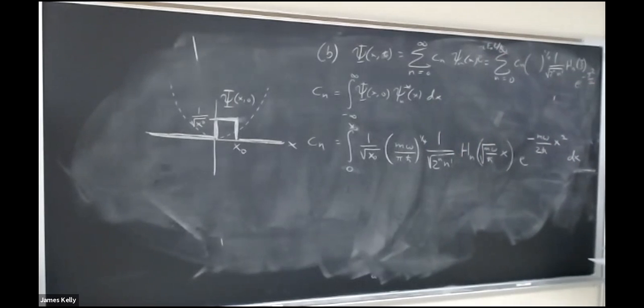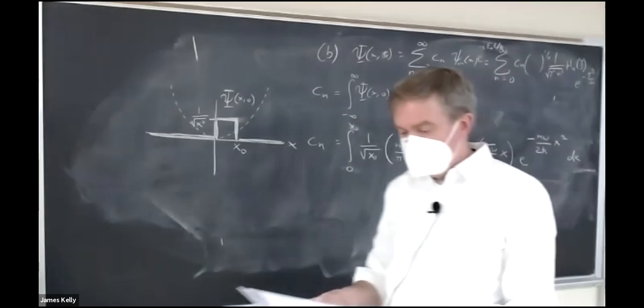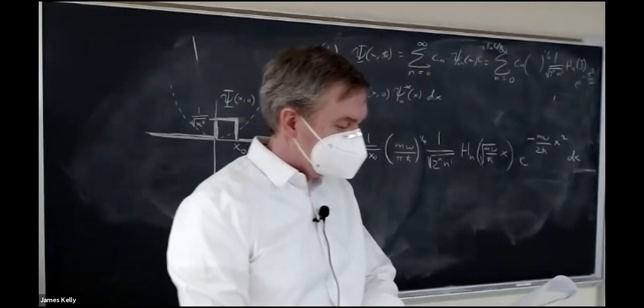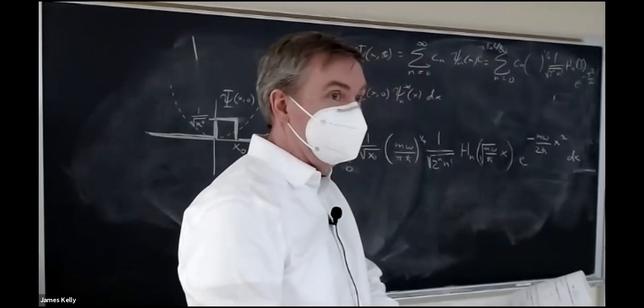So times e to the minus i, En is (n plus 1/2) h bar omega, times t over h bar. And when I divide by h bar, it gets rid of that h bar that's there. So that's as explicit as I can get without having a nice formula for Cn. Questions so far?